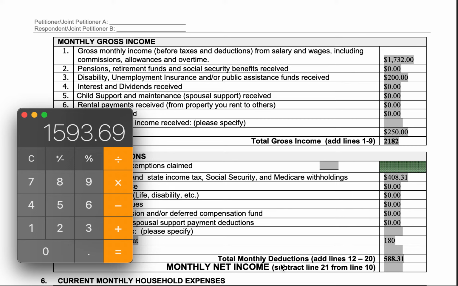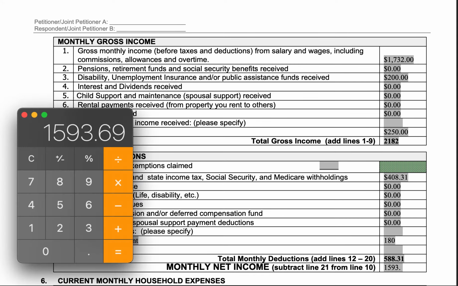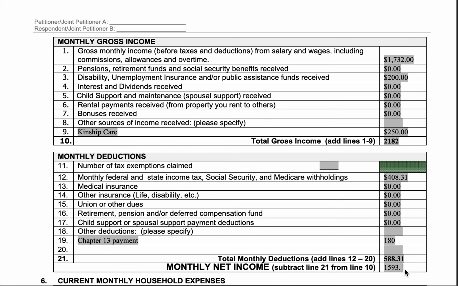And you're going to write here your net income. So this is what you actually take home and can, in theory, spend on this line here. So we've got 1593. And I should have taken a closer look at what the last bit there was, 69. So 1593.69 is going to be the amount that we end up with there.